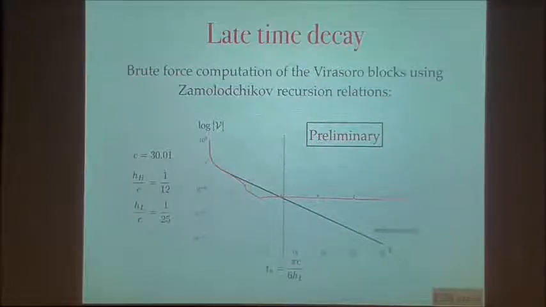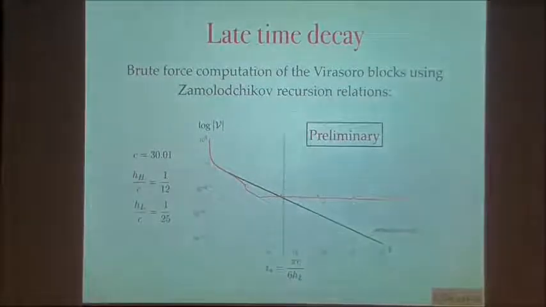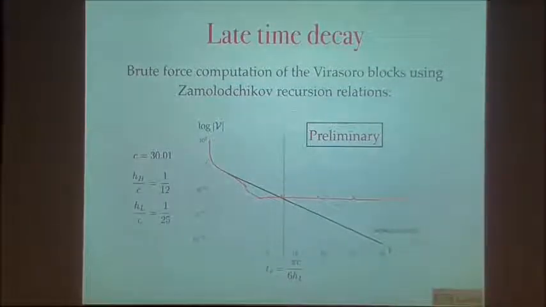Oh, those little bumps, I actually don't know what physically they mean, but mathematically I know exactly how they come up. This comes because we are defining our time as 1 minus z is e to the minus i t Lorentzian. So as you can see, there's some periodicity here, right?